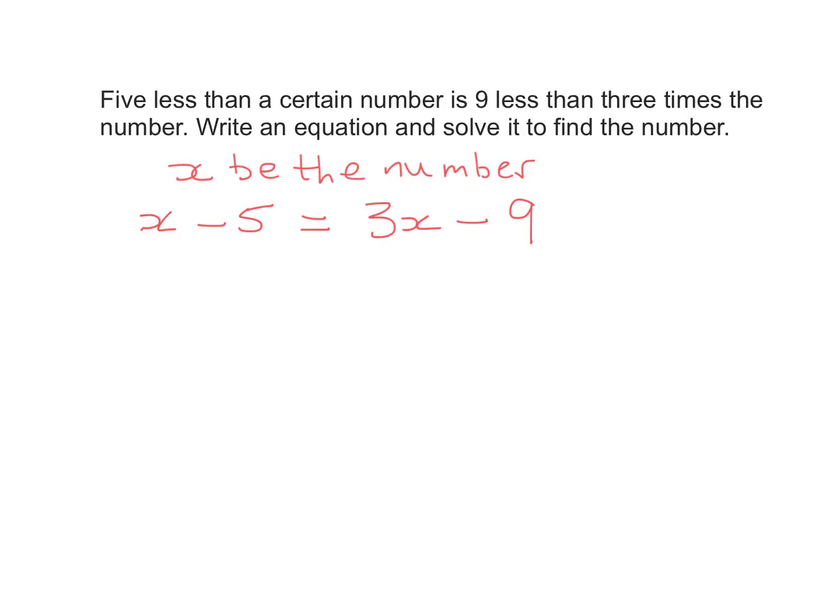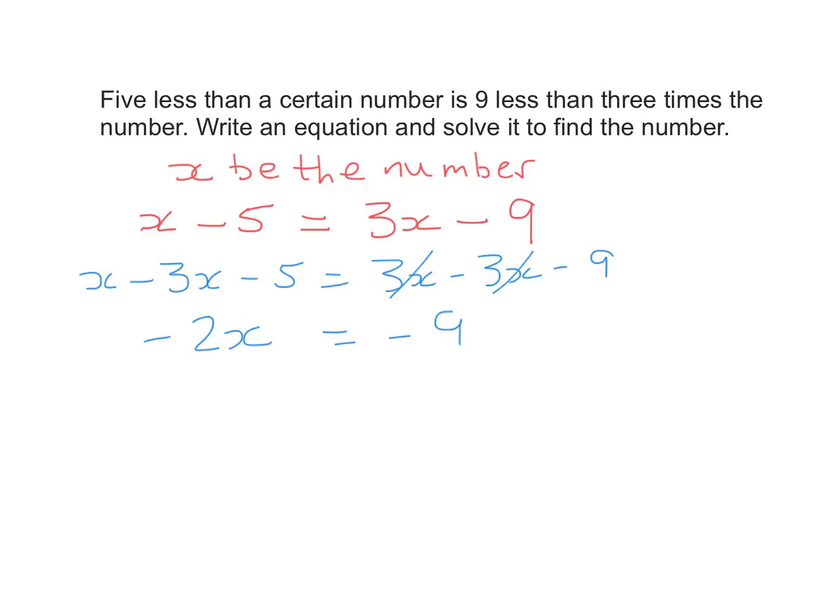So remembering how to solve our algebraic expressions, we have x minus 3x, take away 5, equals 3x minus 3x minus 9. So this becomes minus 2x, those cancel each other out, minus 9.